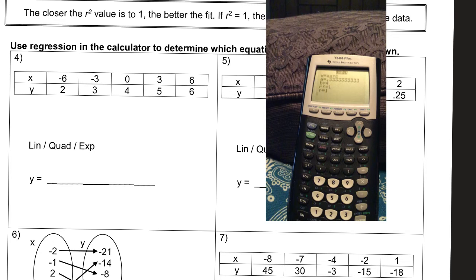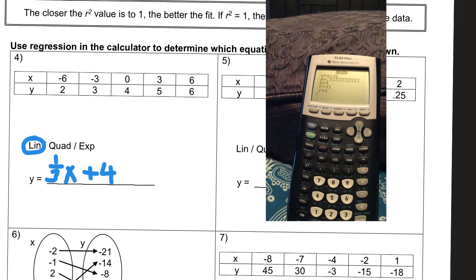Our R² value is equal to 1, so that means this is a perfect fit. So right now, we can determine that this indeed is a linear regression, and for the equation, please write this as a fraction, because its slope would be 1/3 x plus 4.